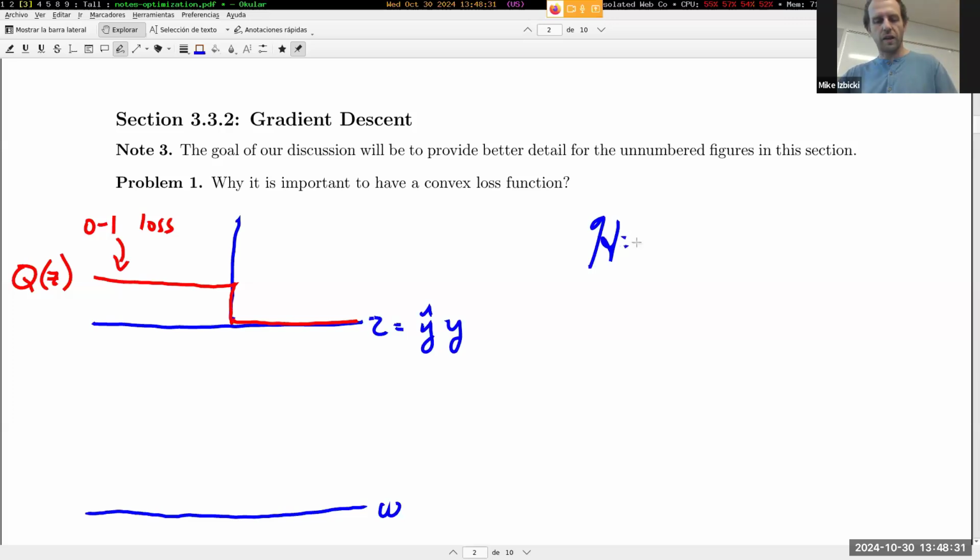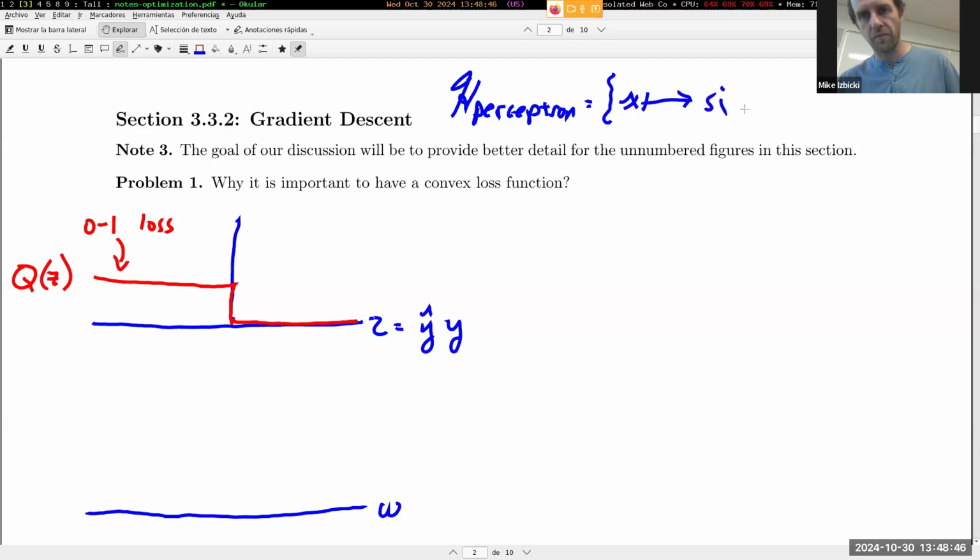Again, let's just remind ourselves of the definition of the perceptron. H perceptron equals the sign of w transpose x, where w is contained in R^d.